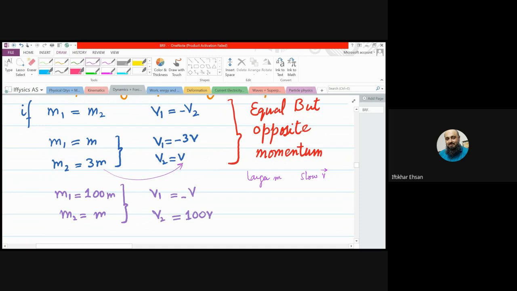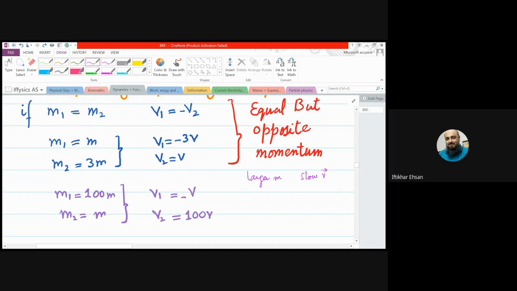So if the heavier part is three times larger in mass, then the velocity of the smaller part will be three times that of the larger mass. Right? That many times the mass is larger, that many times will be the speed faster of the smaller object.